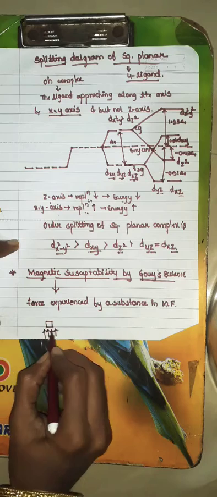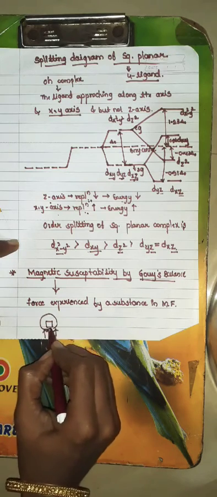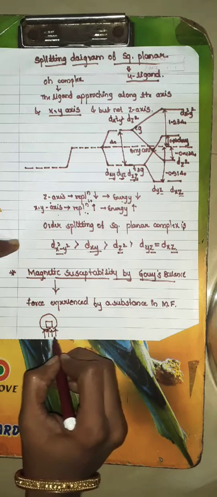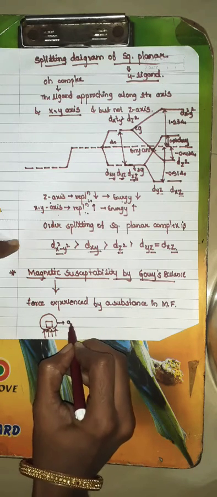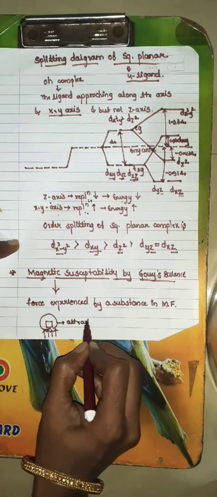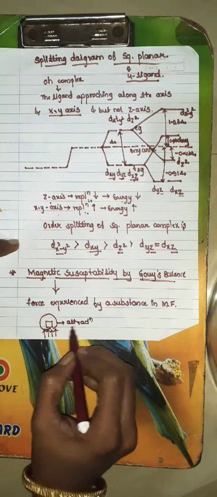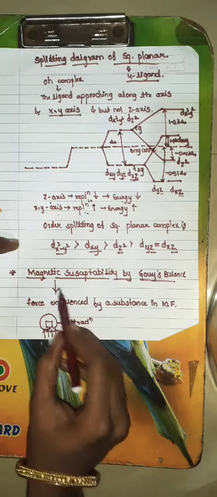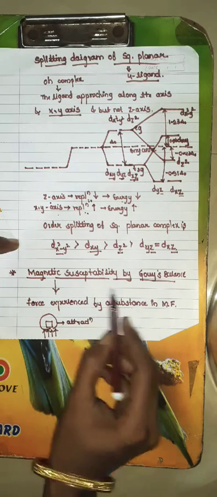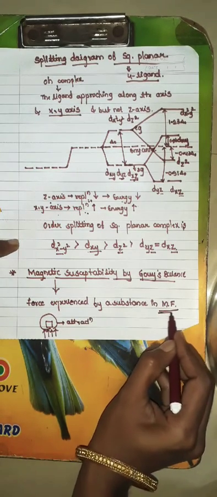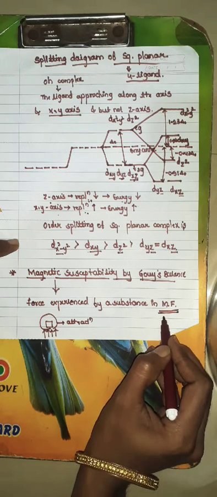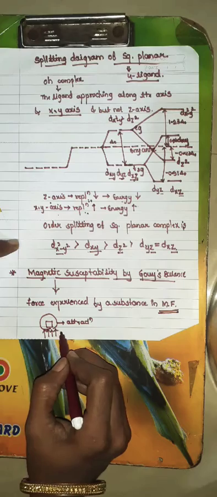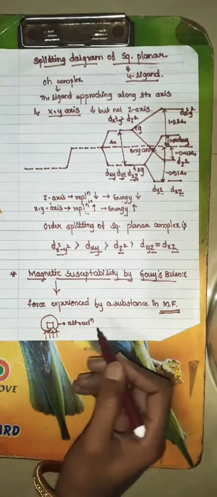How much force it experiences, that is called magnetic susceptibility. It means how much attraction or repulsion it will undergo while applying the magnetic field. In the presence of a magnetic field, how much force it experiences is called magnetic susceptibility.